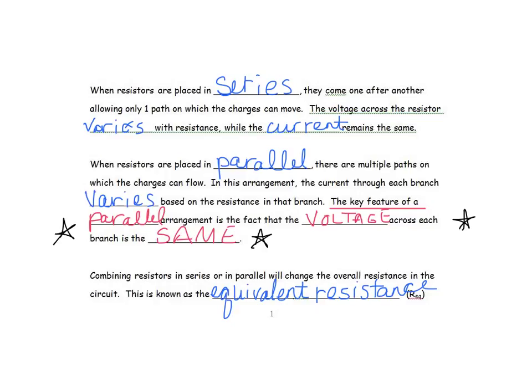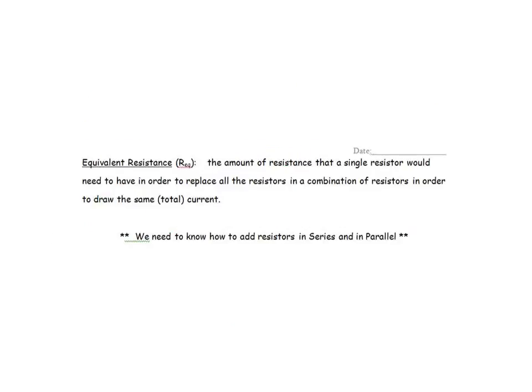The equivalent resistance is the amount of resistance that a single resistor would need to have in order to replace all the resistors in a combination of resistors in order to draw the same total current. So basically what we're saying is this is the total or overall resistance in the circuit.